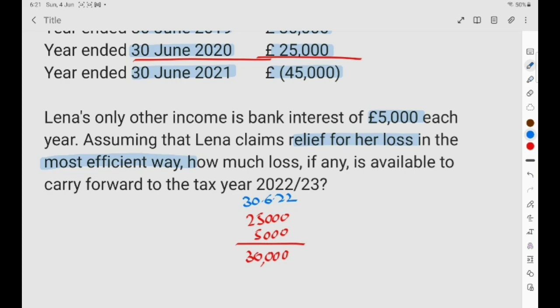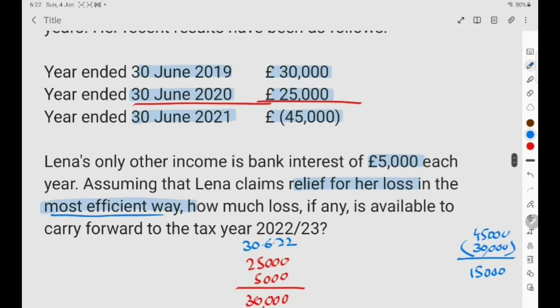So the first option we adopted is that we are setting off the loss against the previous year's total profit. So out of 45,000 of total loss, 30,000 of loss has been set off in the previous period and remaining is 15,000. Now remember that we have to consider the most efficient way.